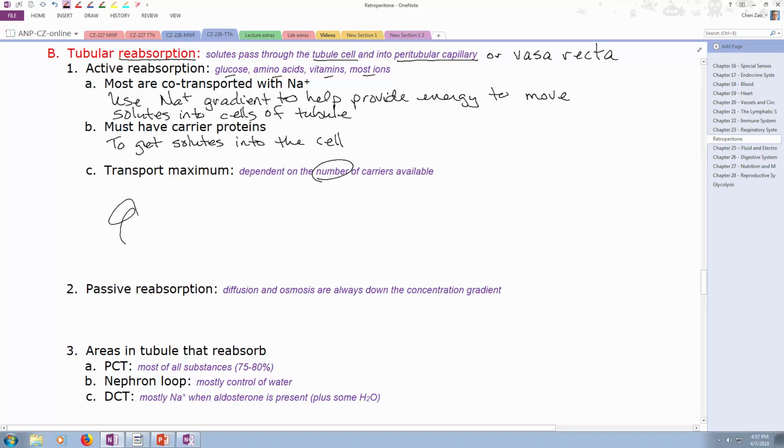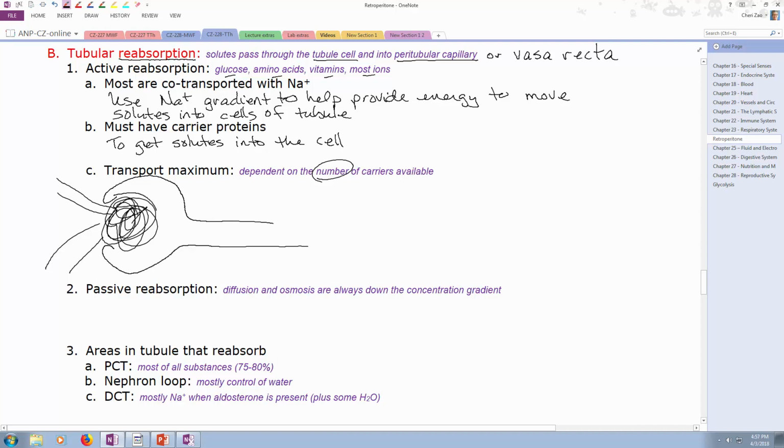So let's make a glomerulus, which is just a squiggly of capillaries. Let's make an afferent arteriole. Let's make an efferent arteriole. And then let's make our capsule over this, a little cup. And this is going to be our PCT, but we stretched it out because it's easier for drawing purposes.